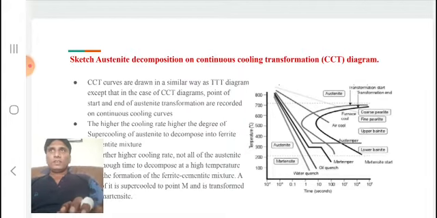So in continuous cooling, the transformation occurs not at a single temperature but at varying temperature.